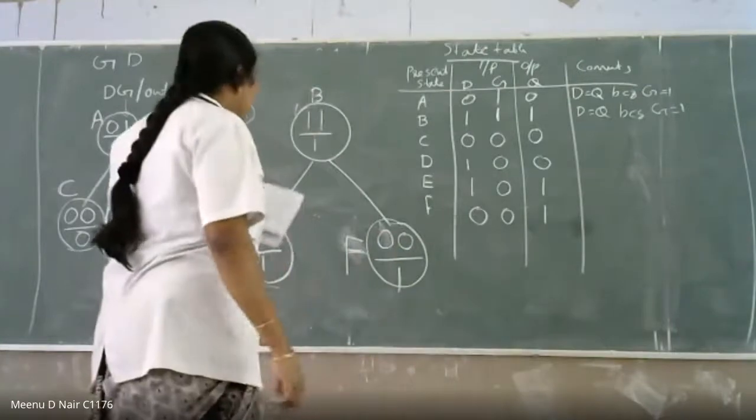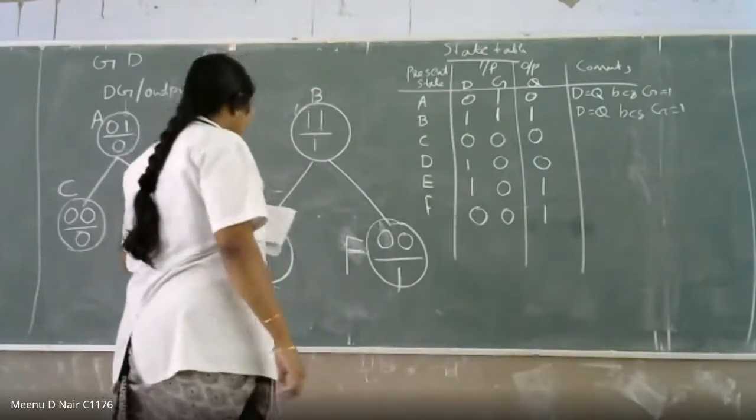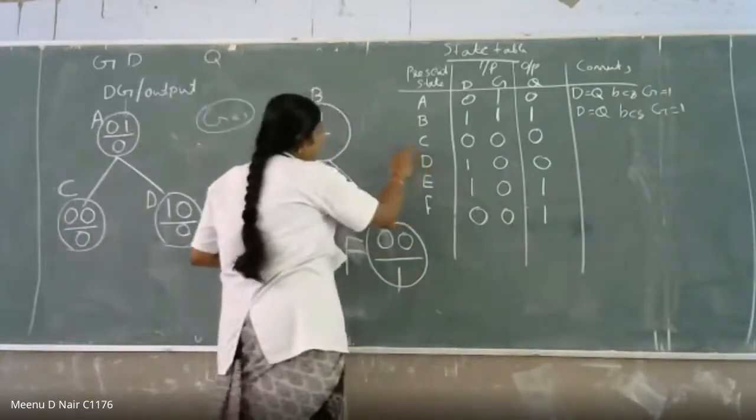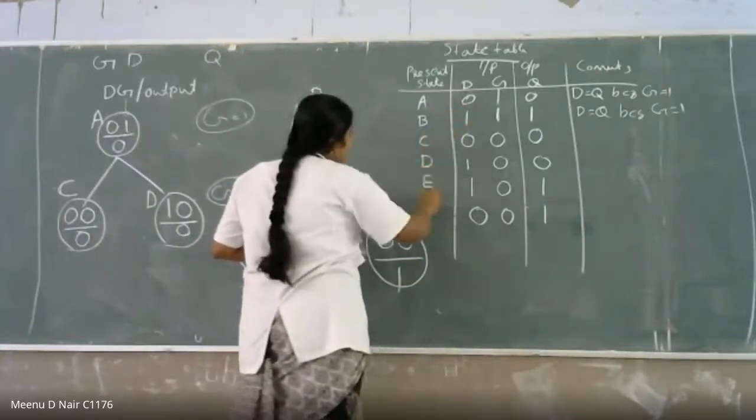Then what about C? What we have to write is that A to B is not possible.